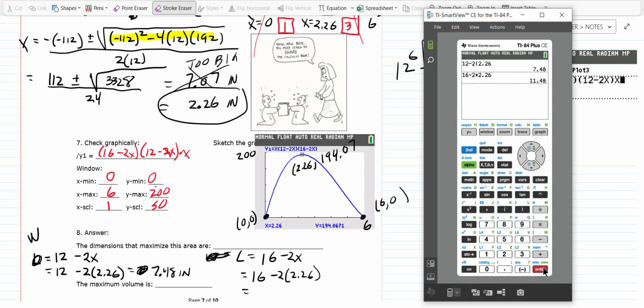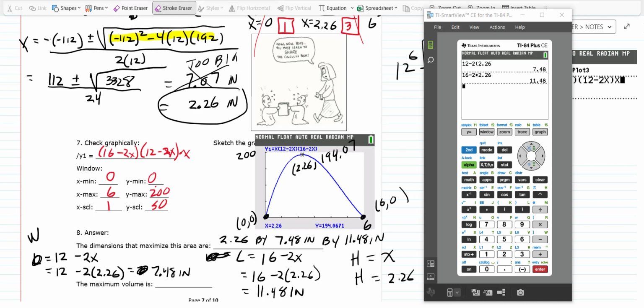Okay, and that will give 11.48 inches, and then the height was just x, so the height is just equal to 2.26 inches. So your dimensions, you can just say 2.26 inches by 7.48 inches by 11.48 inches. So that would be the dimensions that would maximize the volume of that box.